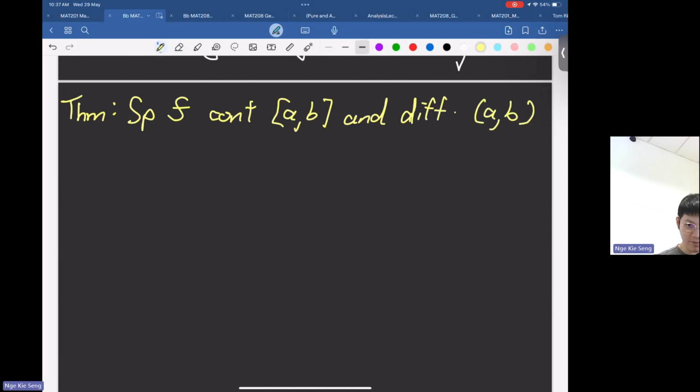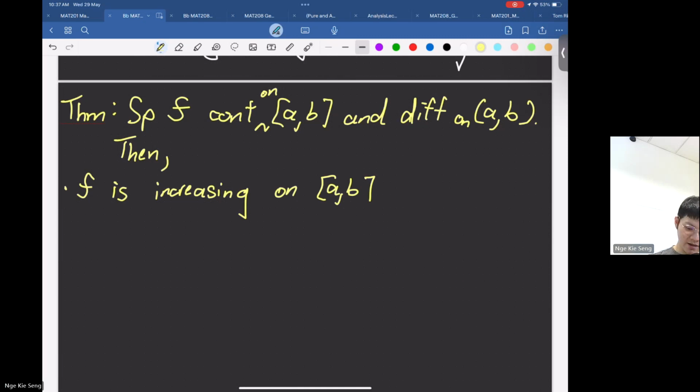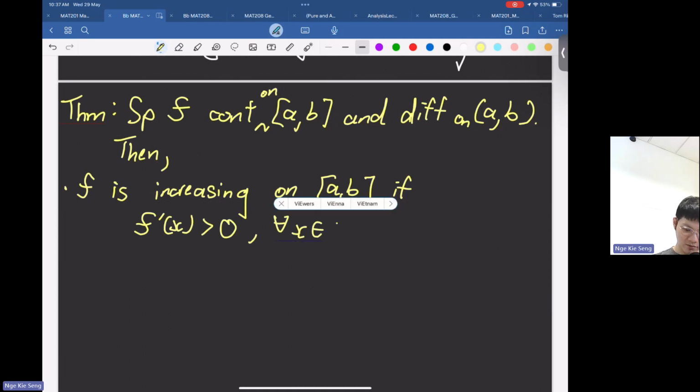Sometimes I call them boundary points. Then f is increasing on [a,b] if f prime x is strictly greater than 0. This is what you know since high school.